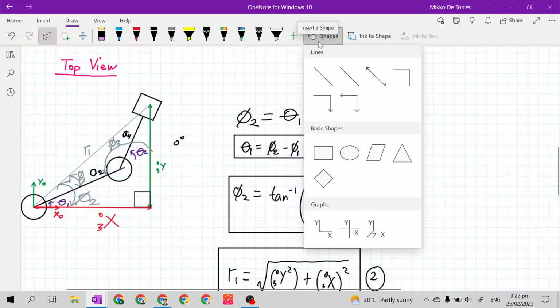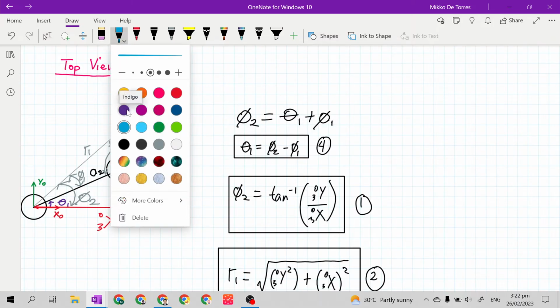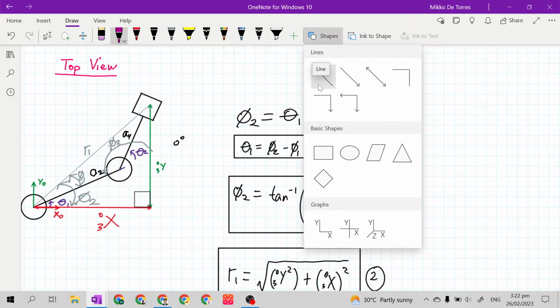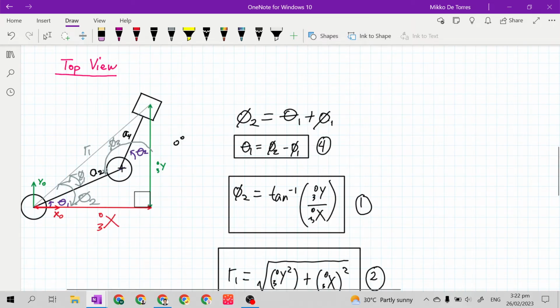Okay, this is a straight line. Because this is a straight line, our theta 2 starts from that straight line.